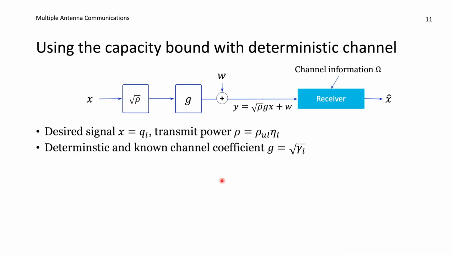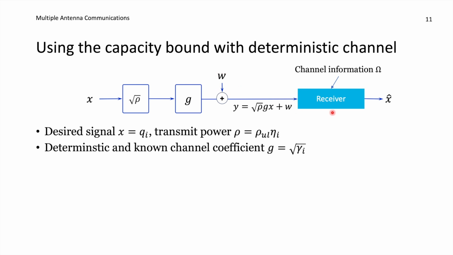So we can compute a capacity lower bound using the capacity bound for deterministic channels. When we are transmitting a signal X, which in our case is q_i, we are scaling it with a transmit power rho, which in our case is rho uplink times eta_i. We have a deterministic and known channel coefficient g, which in our case is square root of gamma_i. We are adding w, which is all the other terms.